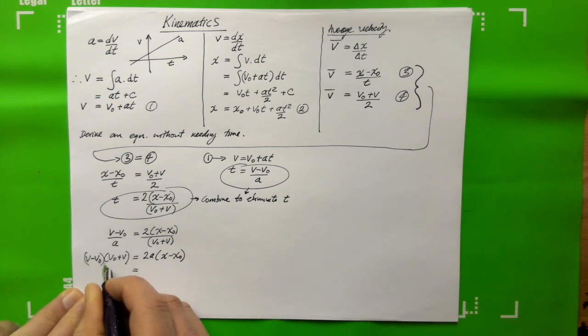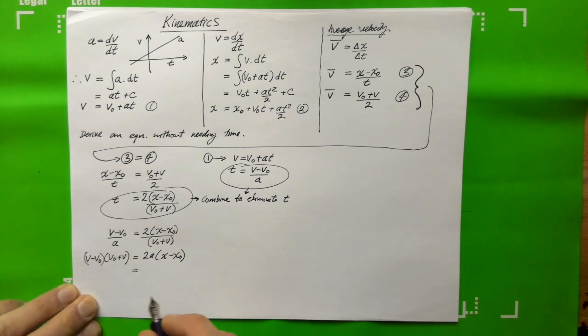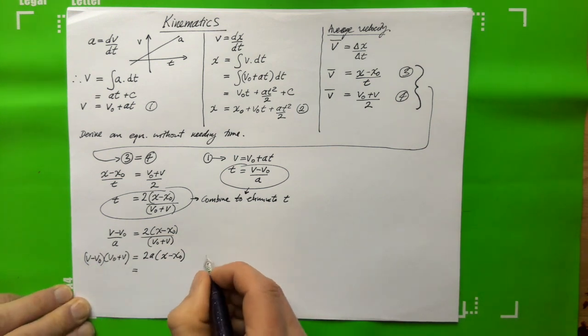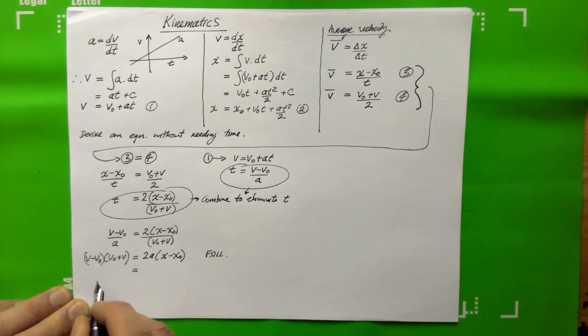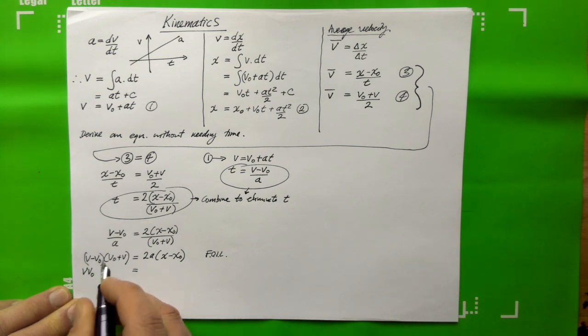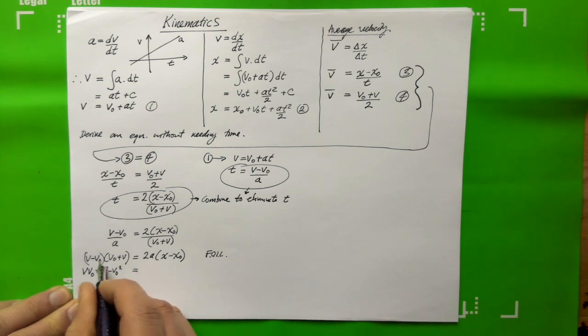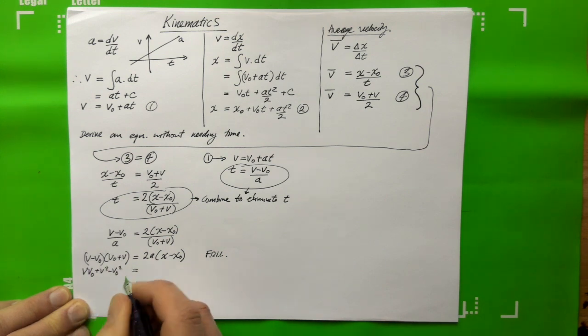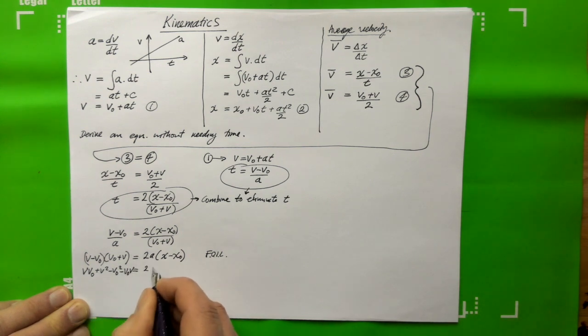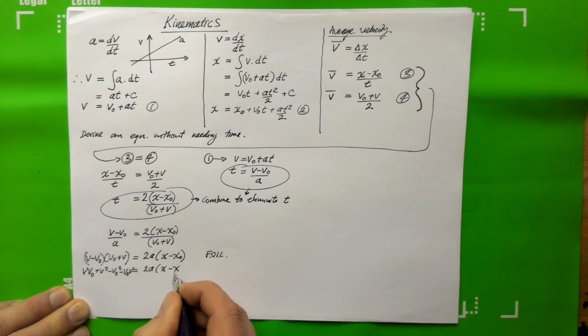Now, we'll take the terms on the left and simplify them, and we'll see what happens. Let's use the usual method, first, outer, inner, last, for multiplying out two terms in brackets. The first terms multiplied together give us v v0. The outer terms give us plus v squared. The inner give us minus v0 squared. And the last terms multiplied together give us minus v0 v, still equal to 2a times x minus x0.